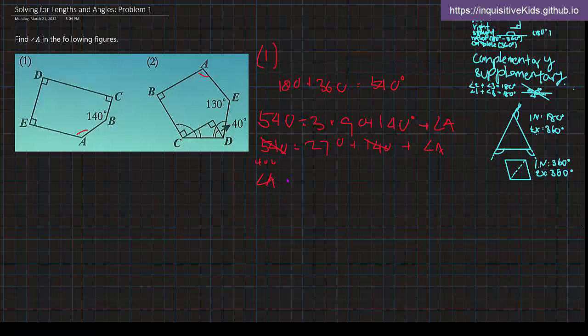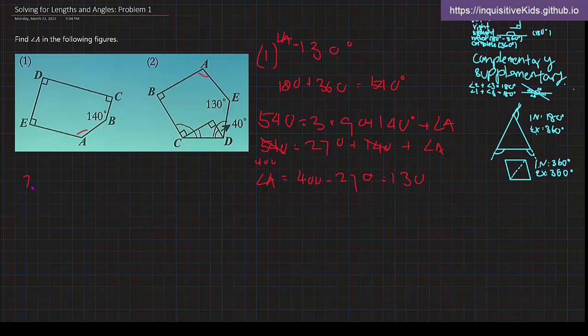So angle A equals 400 minus 270, which equals 130. So for the first problem, angle A equals 130 degrees.